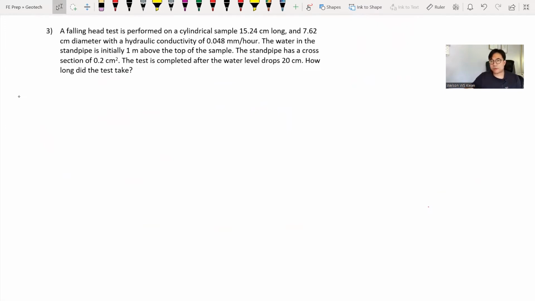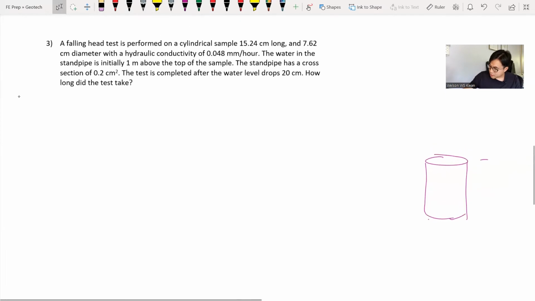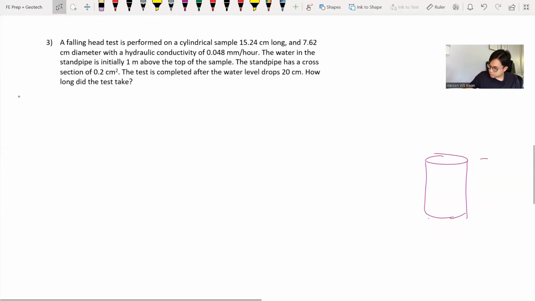Okay, question number 3. This time is a falling head test. So it is testing a falling head on a specimen with length of 15.24 centimeters.